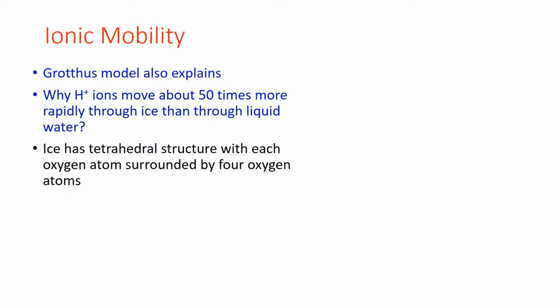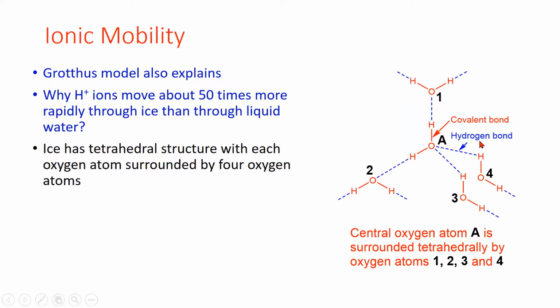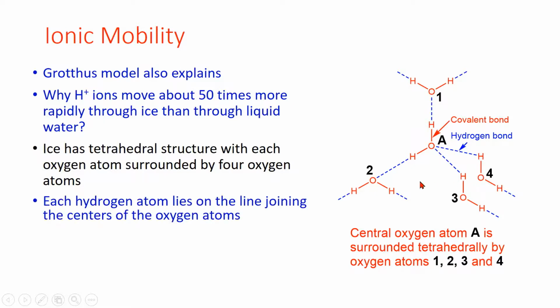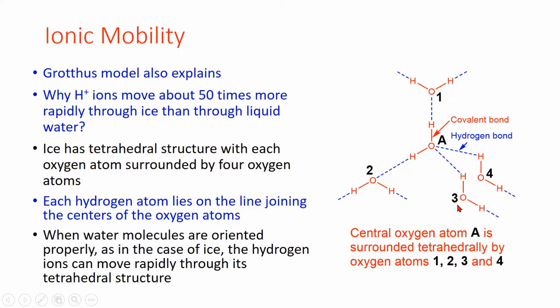Ice has tetrahedral structure with each oxygen atom surrounded by 4 oxygen atoms. Each hydrogen atom lies on the line joining the center of the oxygen atoms. This hydrogen is between these 2 oxygen atoms.